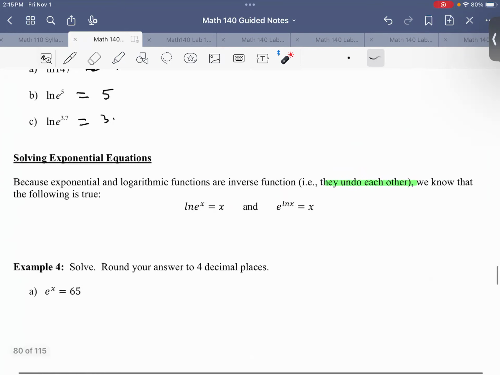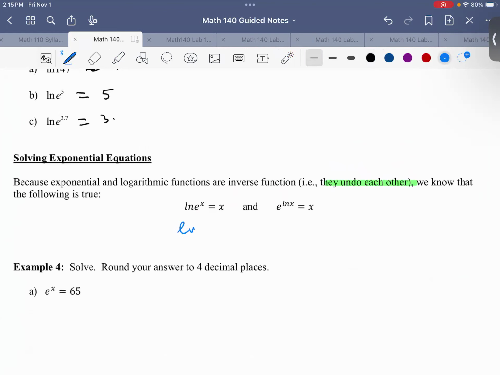So notice above here, we had natural log of e to the 5, where x is our 5. So what did this equal? Well, we found that it equaled just 5. So that would be similar to the statement here, that natural log of e to the x is just going to equal x. And likewise in this situation, e to the natural log of x just equals x.